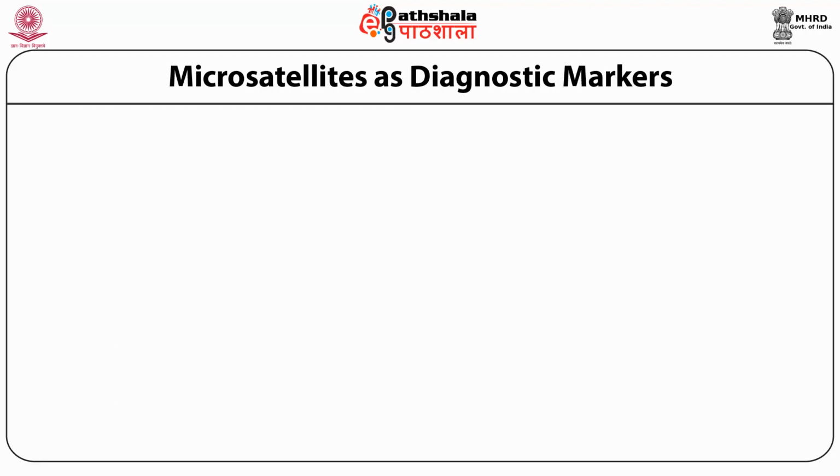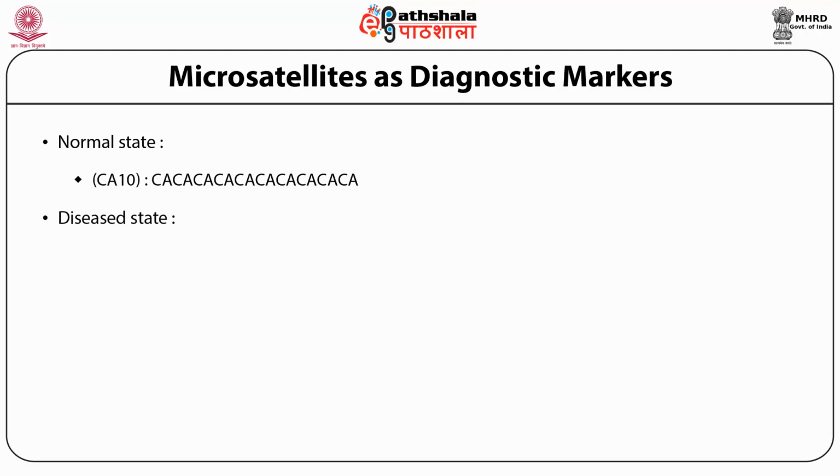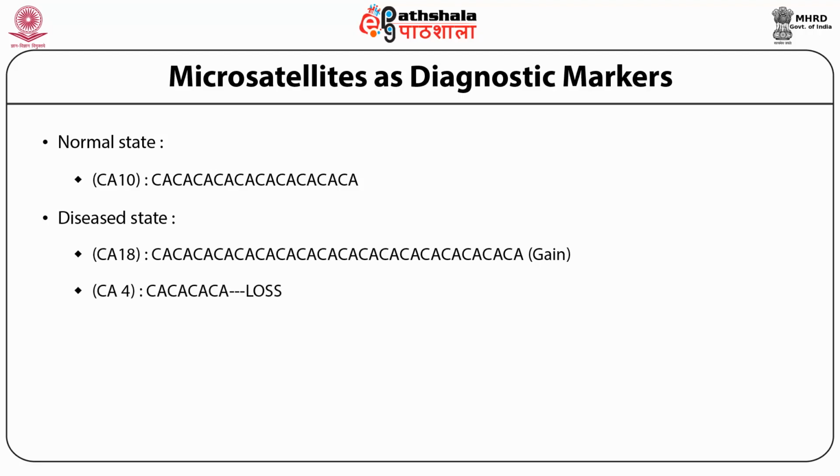Microsatellite instability occurring in cancer can be either gain or loss of the tandem nucleotide. As is shown in this example, let's imagine a normal state where a dinucleotide CA is repeated 10 times. However, in a disease state like cancer, this CA repeat can be either more than the normal, that is more than 10 times, or it can be less than 10 times.